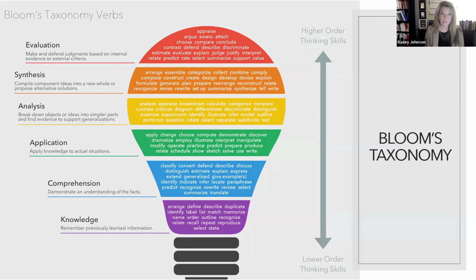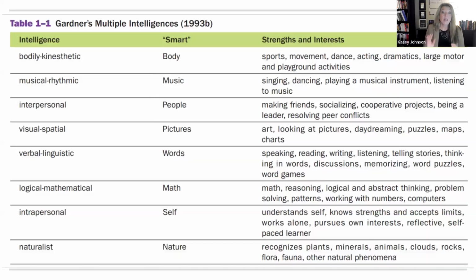Do you see the difference? You'll notice in the top of the little bulb is the higher order thinking skills. You really have to know your stuff to fulfill those verbs at the top. And I want to challenge all of us at Ottawa to start thinking about our objectives in a more active way, of what I want technology and my students to partner together to be able to do.